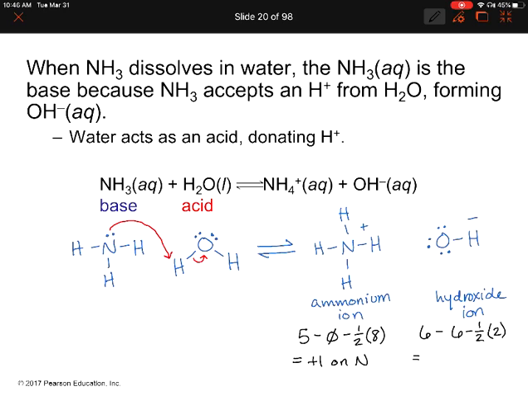So 6 minus 6 is 0, and then minus 1 gives us negative 1 on oxygen. All right, so that's just a little refresher on formal charge. The main message here, though, is the acid and base reaction. We're transferring a hydrogen between the acid and the base.